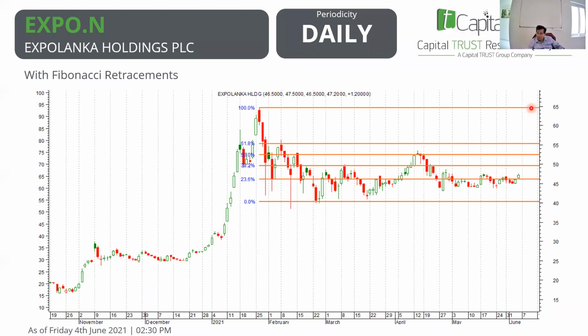What is the time duration to set for a short-term moving average? About, say, in Sri Lankan terms, we have only 5 trading days, so say 15 to 20 trading days is ideal. If you are talking about 1-day candlesticks, 15 to 20 candlesticks will be short term, right?